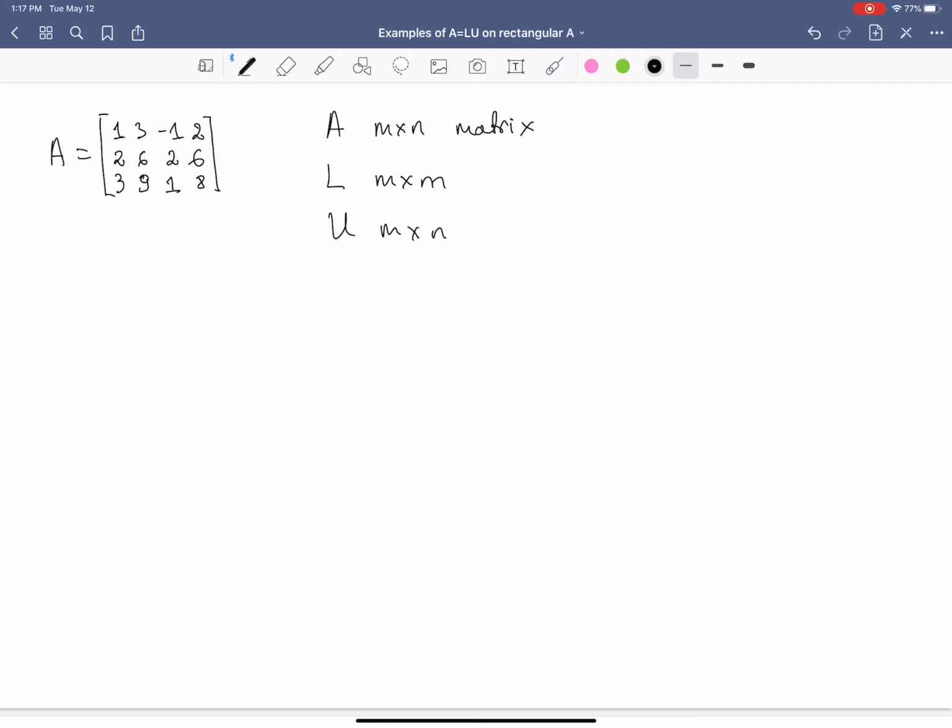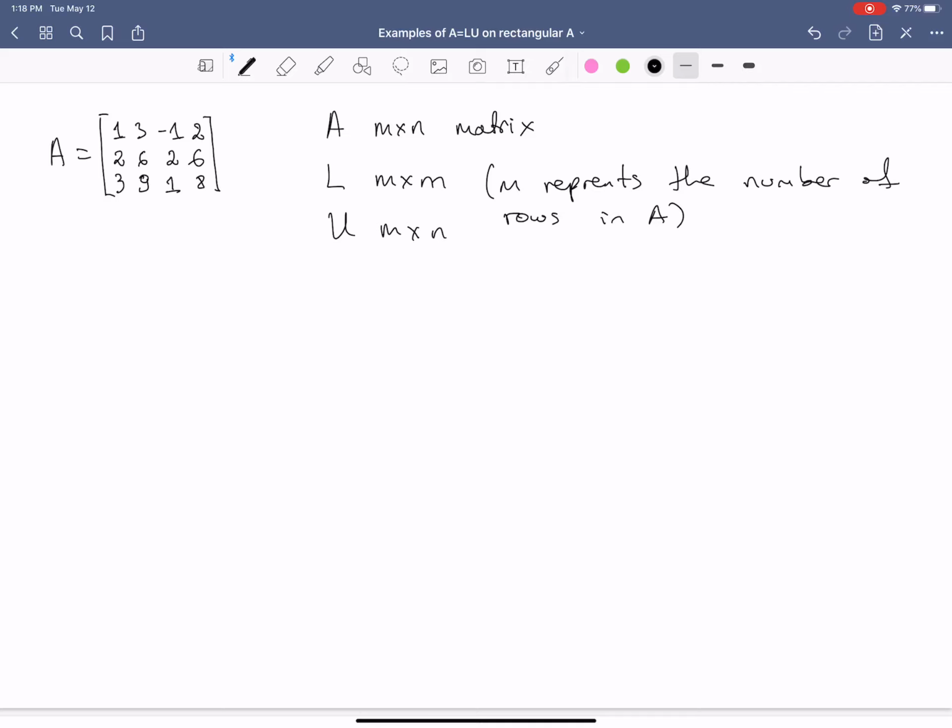Remember that m represents the number of rows in A. And the same is true for L and for U. So if you have 3 rows in A, then your L matrix will be a square matrix of size 3 by 3, whereas your U matrix will have the exact same shape as A.